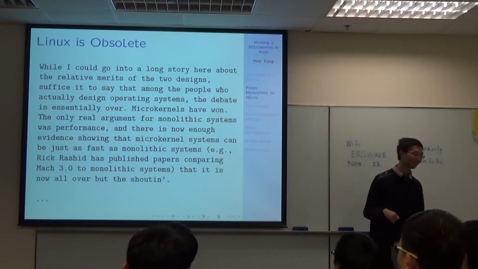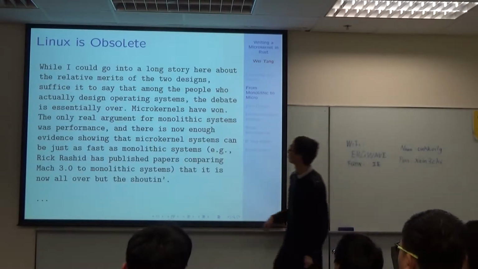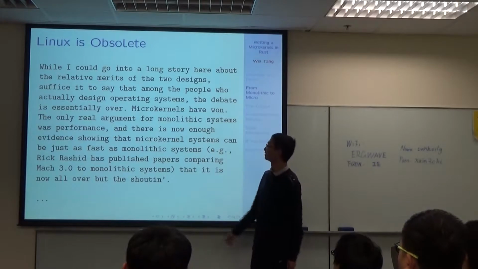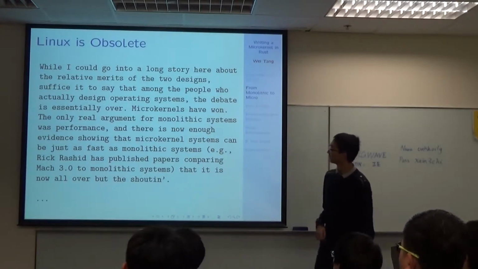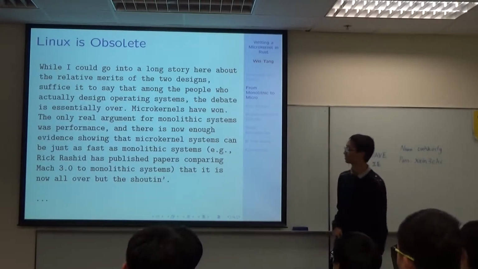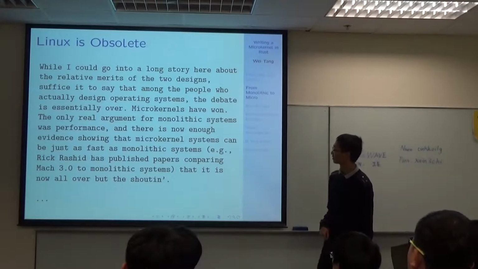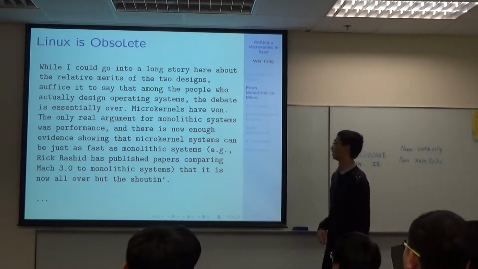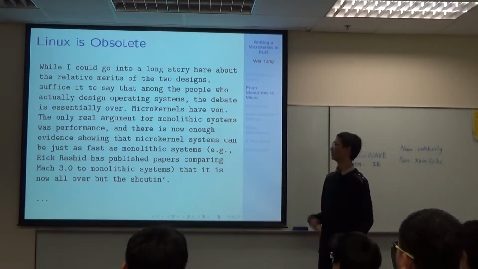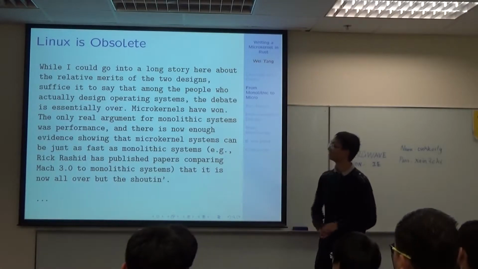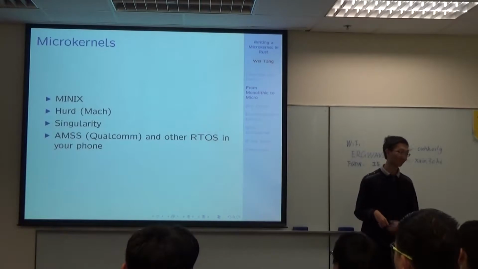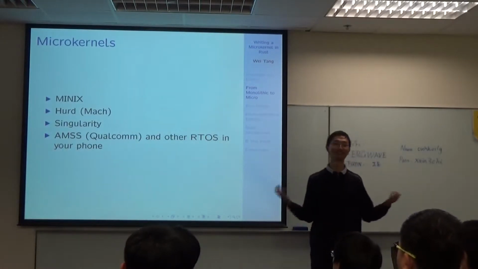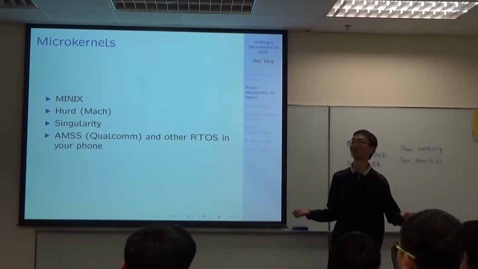You can work with it. He basically says microkernels have one only real argument against monolithic Linux systems, which was performance. And there is not enough evidence showing that microkernel systems can be just as fast as monolithic Linux systems. And the debate goes on and on, but as a result, we don't have Linux being replaced.